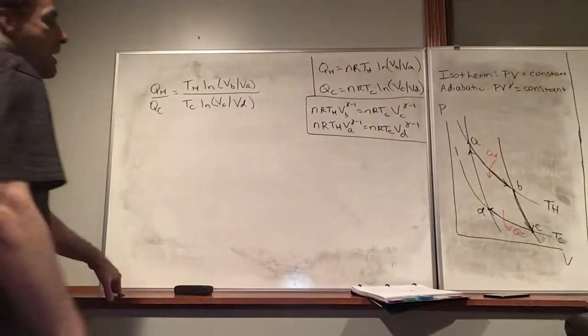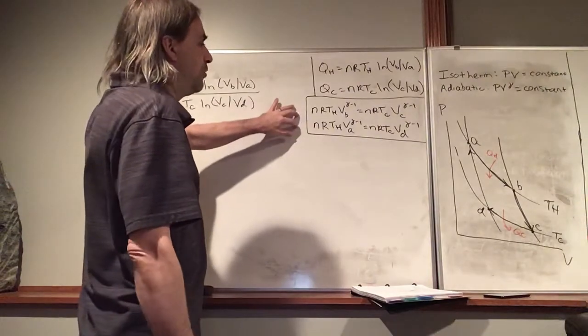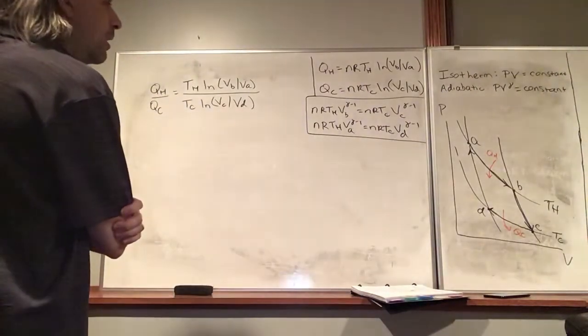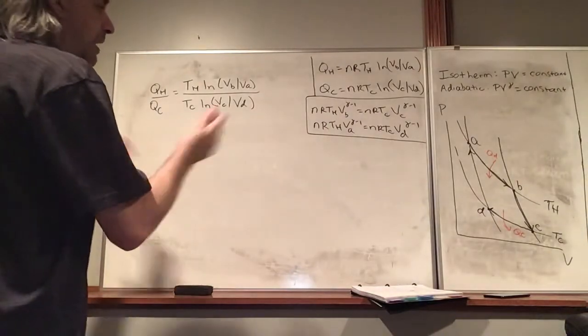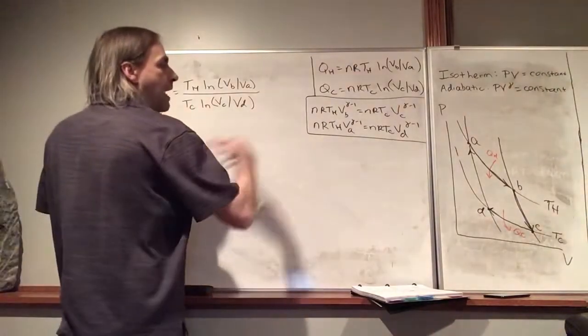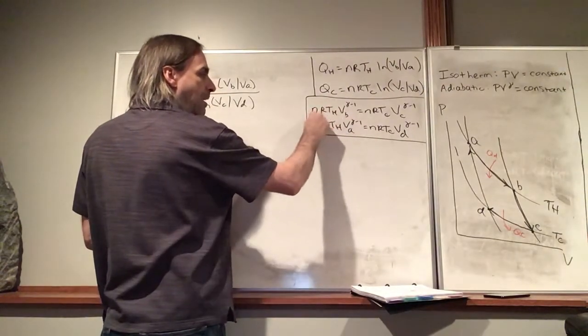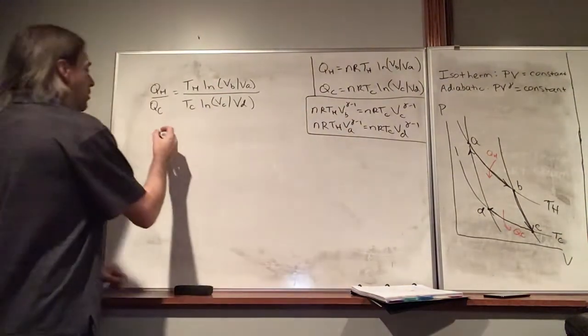Okay, so now we're going to look at these two equations. Let's just straight out divide them. If we divide, on the left side the NR and TH are going to cancel out.